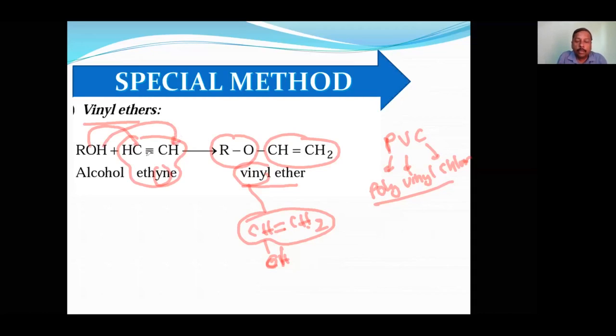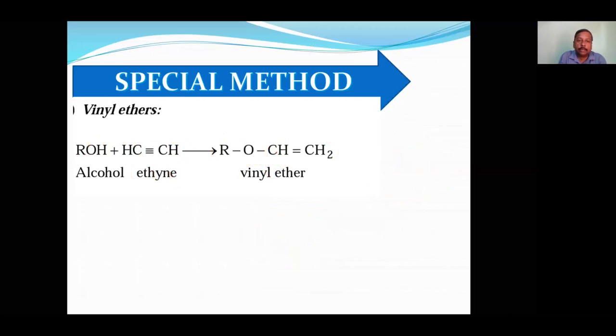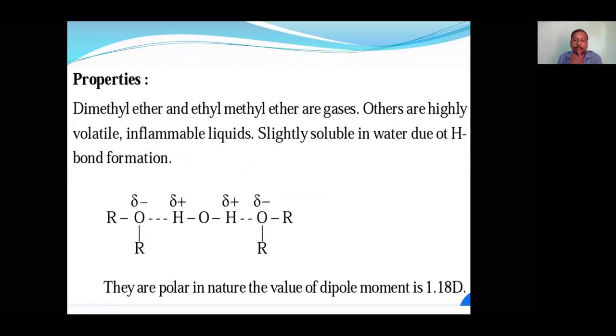So the triple bond will become a double bond. RO is attached to CH, double bond CH, and one hydrogen came from here, so it is CH2. Is that simple English? I normally use very simple English so that you are comfortable in understanding, and you should be able to write it as it is in the examination also.